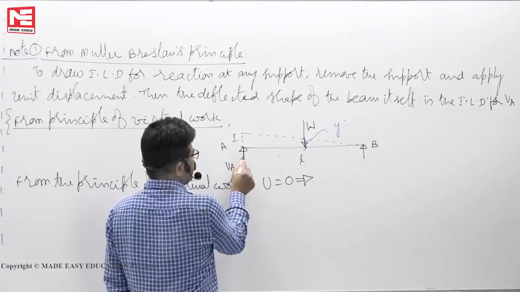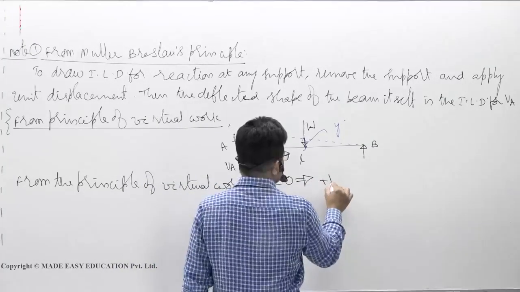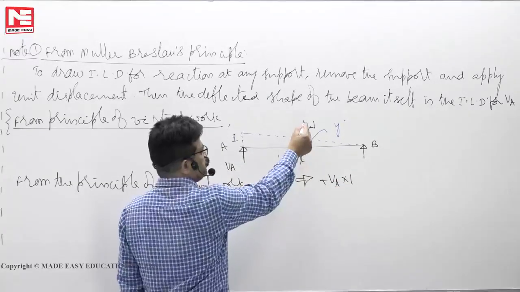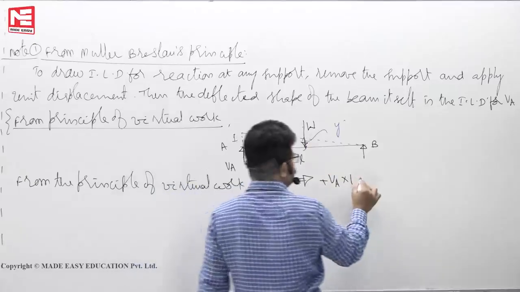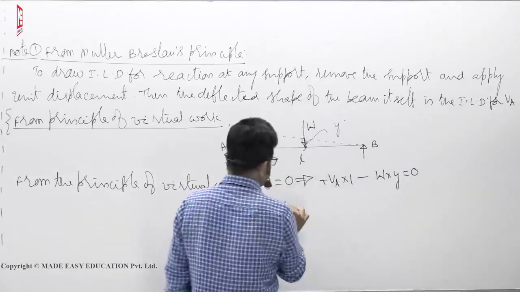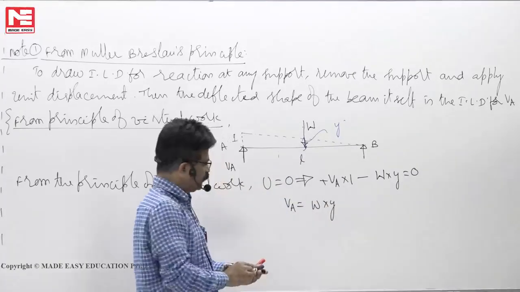VA is acting upward and the displacement is also upward, so the work done by VA is VA into 1. W is acting downward but the displacement is upward, so minus W into y is equal to 0. So VA is W into y. This is the reaction.